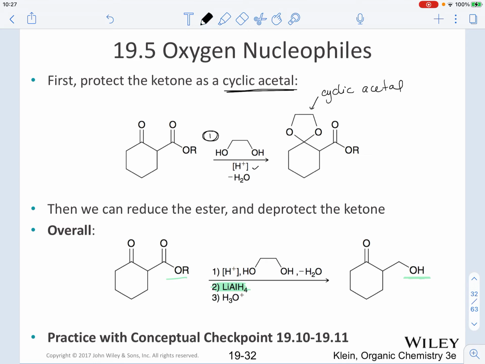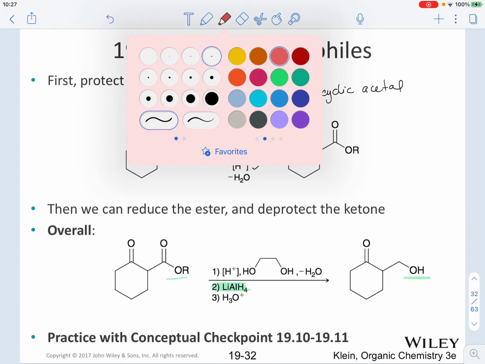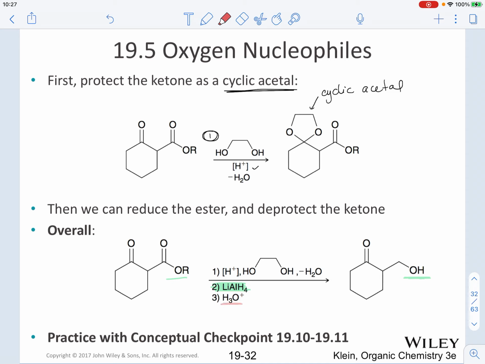But understand that this step is also going to remove the cyclic acetal, because that's something very interesting about these protecting groups: you place them in with acid, but you can also remove them with acid.